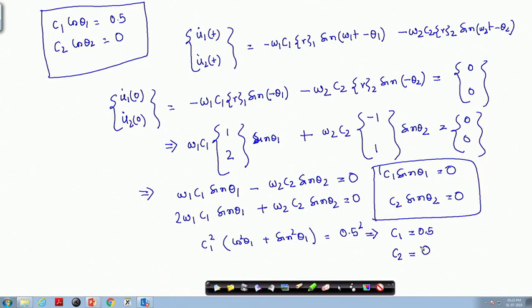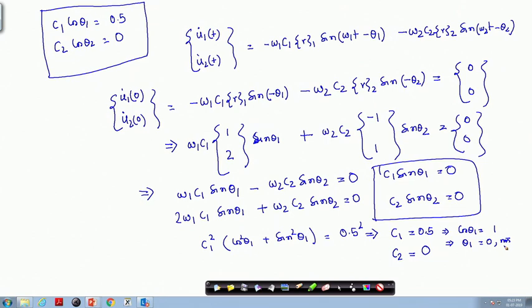So, C2 is equal to 0 and C1 is equal to 0.5. So, if C1 is equal to 0.5, cos theta 1 is equal to 1, which gives me the value of theta 1 to be 0 or for the matter of fact m pi, where m could be all the positive numbers, all the even numbers.